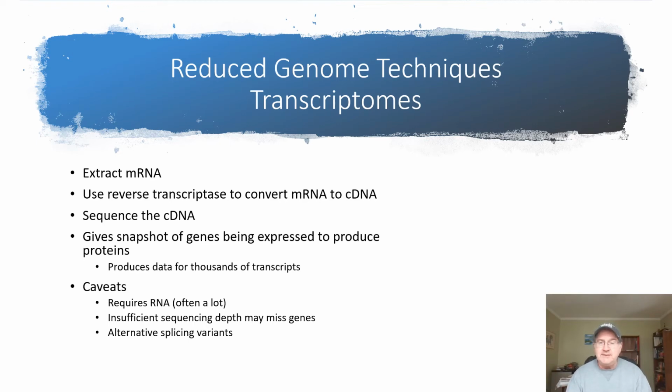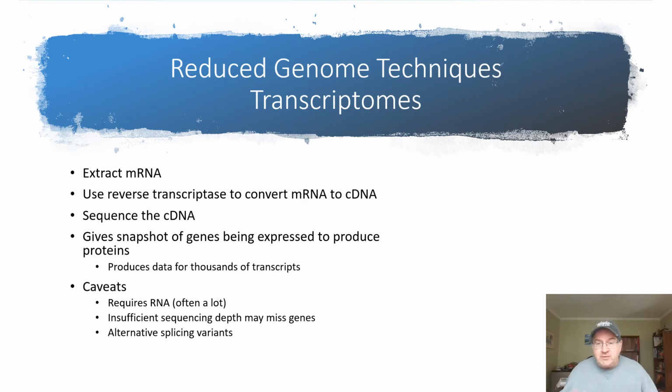One of the issues is that if you're getting a very small amount of RNA, and then you have to reverse transcribe that and then amplify that, you may be losing genes along the way simply because they existed in your initial sample in very, very small numbers. Or perhaps they didn't exist at all because the organism at that point in time in its life was not transcribing those genes.